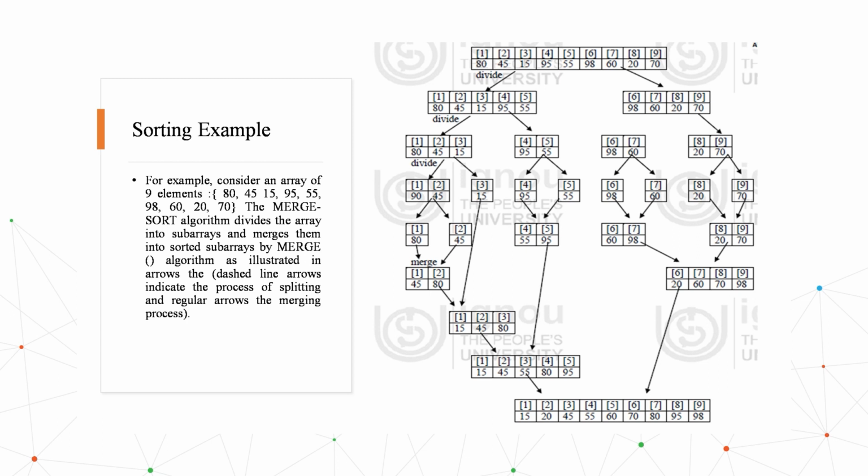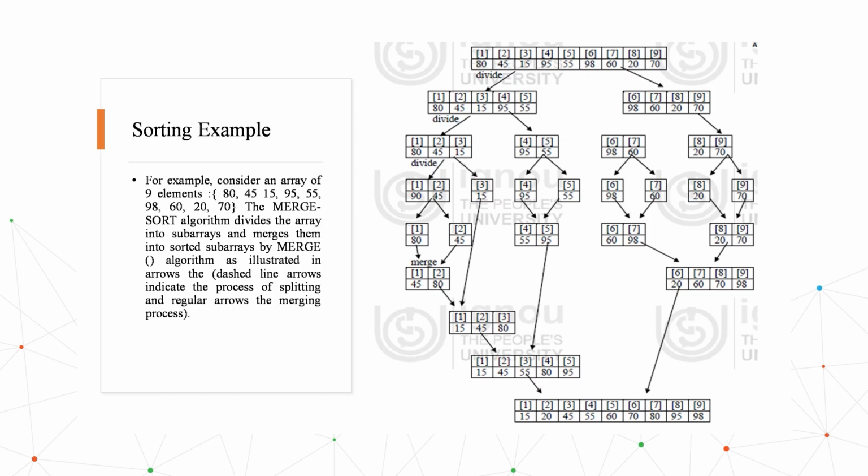Again, you are dividing the list further. The 5-part list is divided into a 3-part list and a 2-part list. The 3-part list is divided into a 2-part and a 1-part, and the 2-part list is divided into a 1-part and a 1-part.